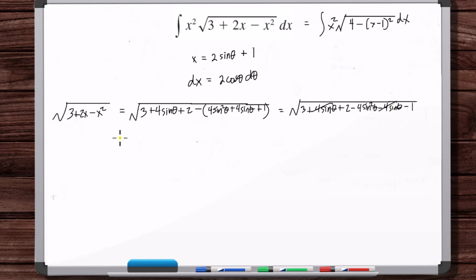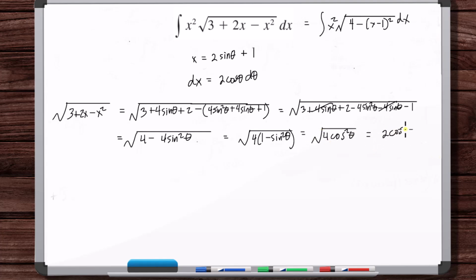Okay, these cancel. And we've got 3, 4, 5, 5 minus 1 is 4. So 4 minus 4 sine squared theta. So factor out the 4. One minus sine squared theta is cosine squared theta. And we've got 2 cosine theta.